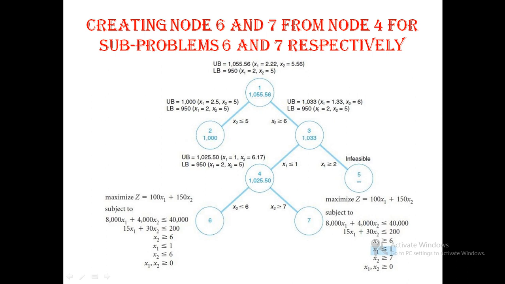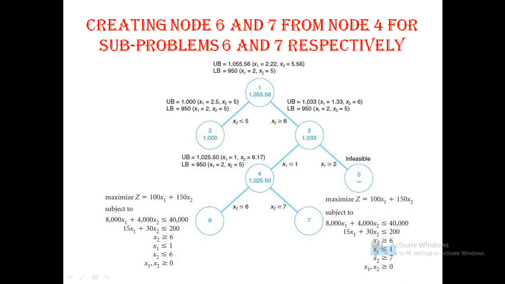So you put these two restrictions, x2 less than or equal to 6 and x2 greater than or equal to 7, and find two subproblems from subproblem 4: subproblem 6 and subproblem 7.